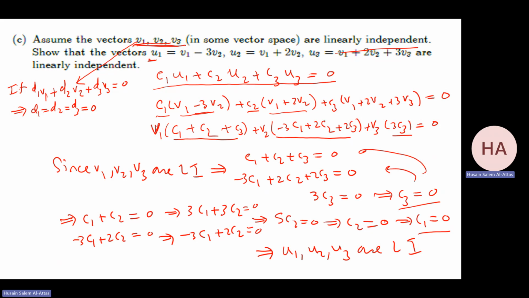It means any constant times V1 plus any constant times V2 plus any constant times V3 equal to 0 means those constants are zeros. And this is what will happen when I plug the definition of U1, U2 and U3, and I took V1, so this is the constant times V1, this is the constant times V2, this is the constant times V3. So I have equations in C1, C2, C3, I solve them, I get all of the C's are 0, so that means the U's are linearly independent.